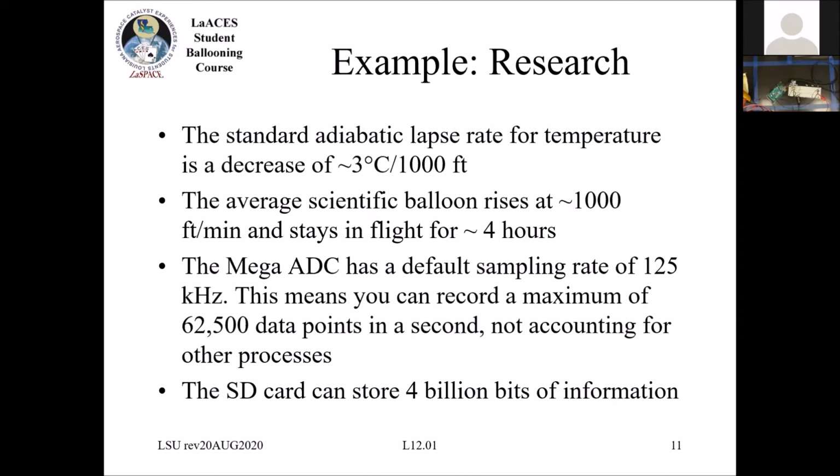The sampling rate of the Mega is 125 kilohertz. So this is how often we can take a sample. So that means doing the math, you can take roughly 60,000 data points a second.